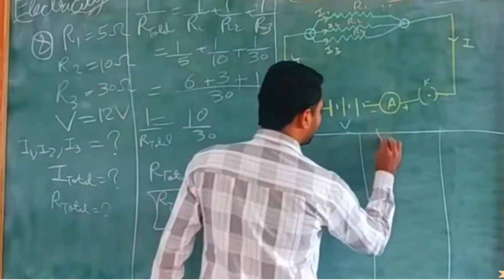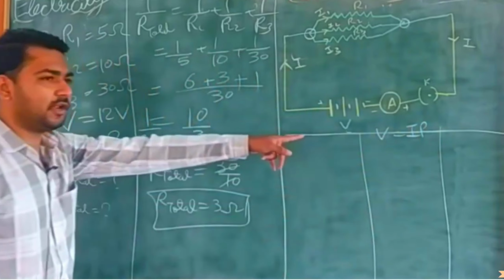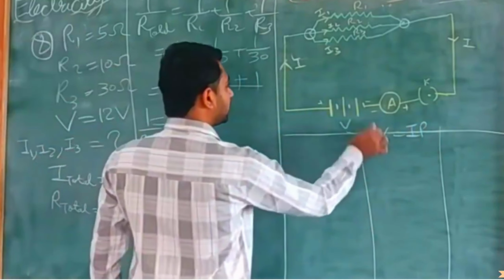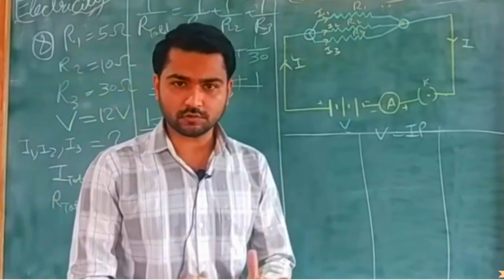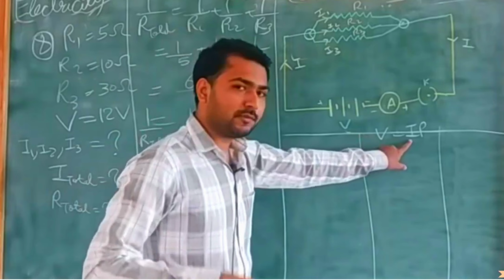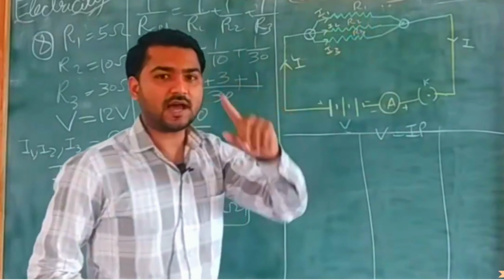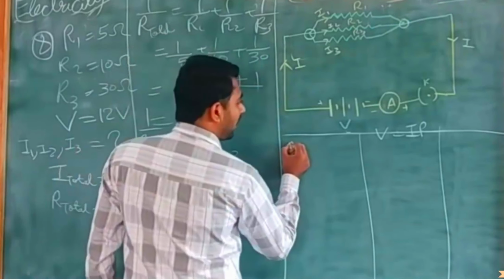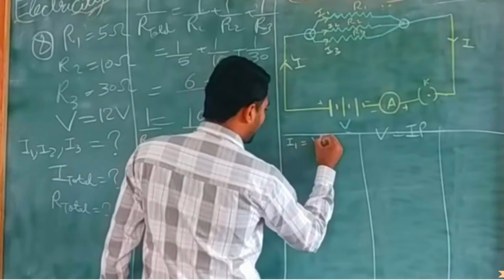To find the value of I1, we have the voltage in a parallel circuit. The total voltage will remain constant. So I will not do anything with the voltage. Current will change, that means I1, and the resistance is changed, that is R1. So I have to find the current. So I1 is equal to V by R1.